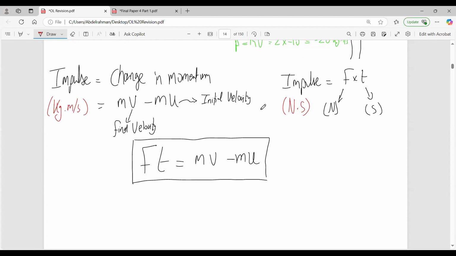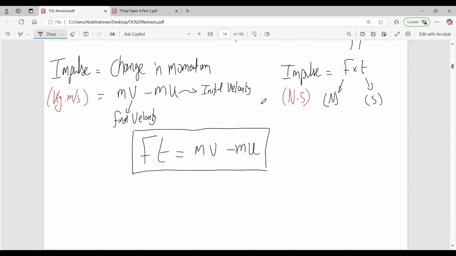This is the impulse. Impulse is when one object hits a wall or changes its velocity, comes to a stop, or starts moving from rest. With impulse, we're talking about only one object. Whenever it changes its motion, there's a force applied on it.